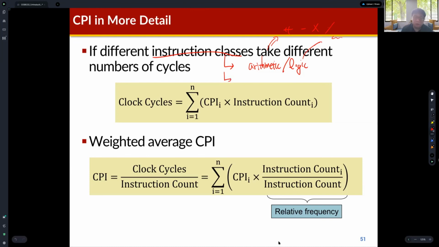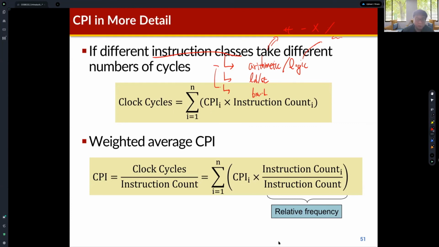And then there are some other instruction classes, such as the data transfers like load and store. And then another class of instruction is the branch instruction. It's control instructions. So usually we classify the processor instructions as arithmetic logic instructions, data transfer instructions, and control instructions.